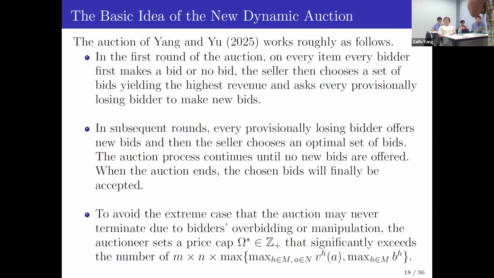We will come to define what we mean by provisionally losing bidder. Then in every subsequent step, every provisionally losing bidder will make new bids, and the seller again will choose optimal bids which maximize her revenue. This process continues until no more bids are made.